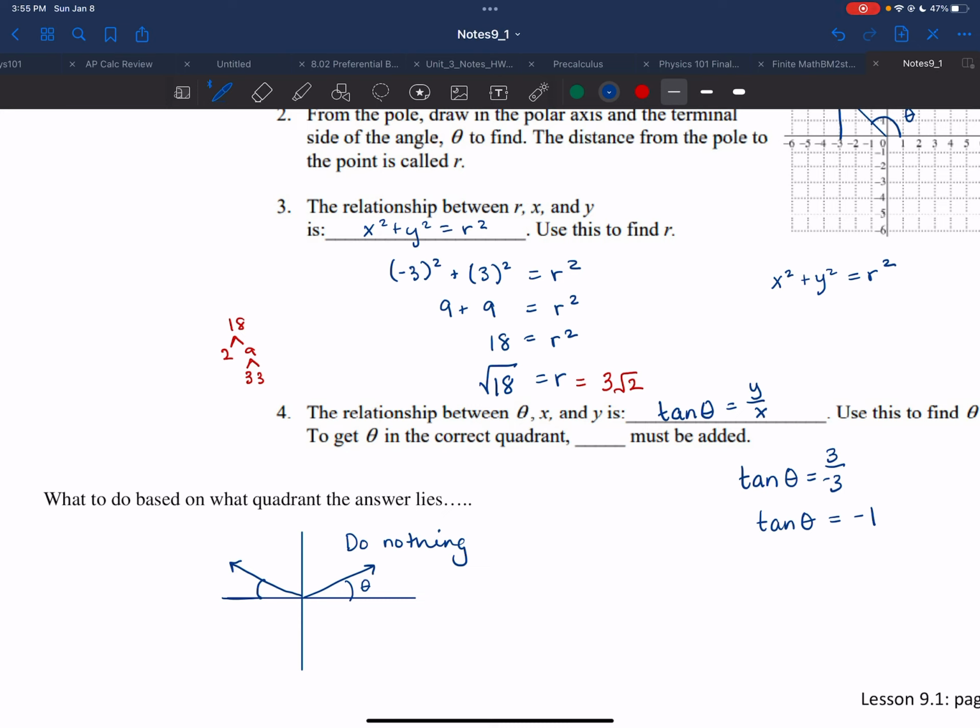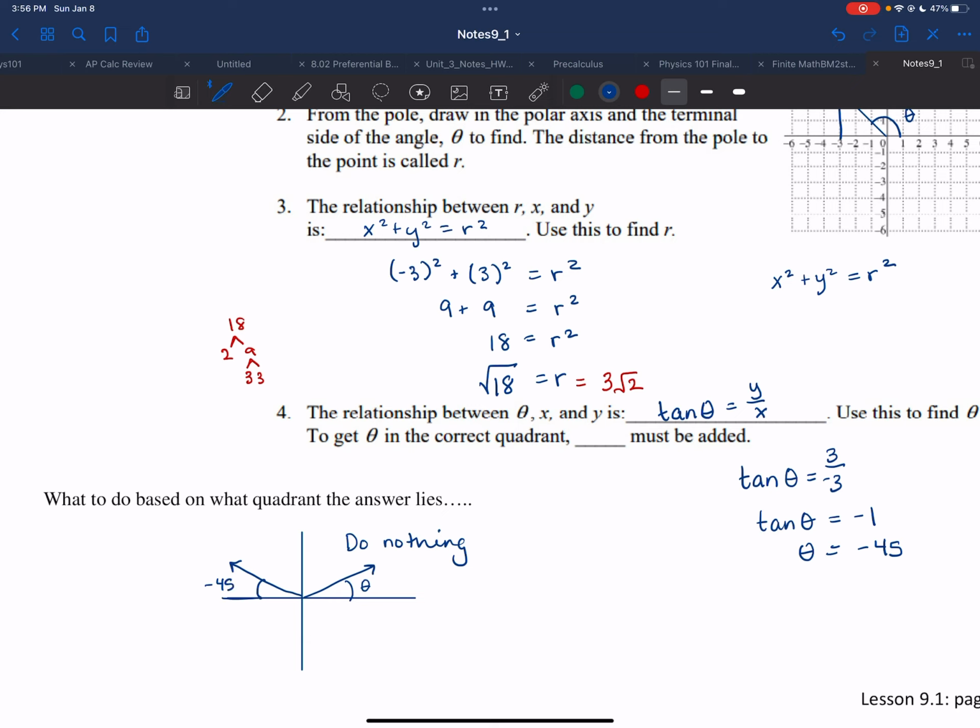So I want you for a second to go ahead and take that tangent of theta and solve on your calculator. You're going to take the arctangent. The inverse tangent of negative 1 is going to give us negative 45. Okay. So negative 45 is what this is going to be.